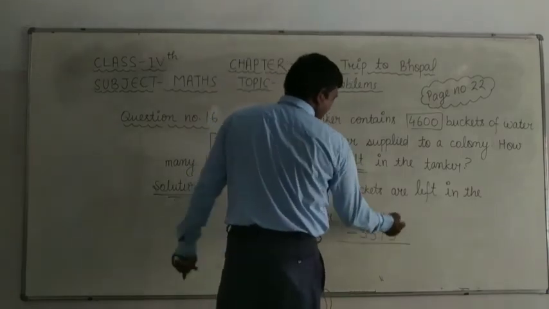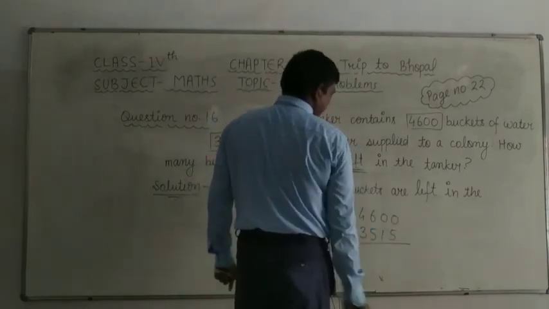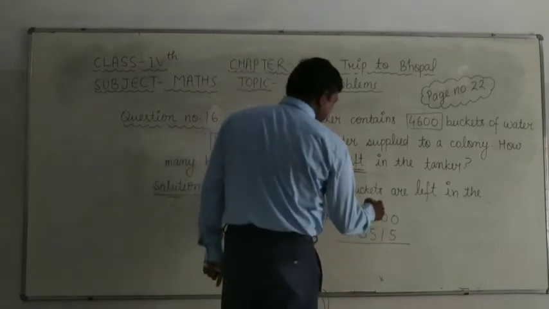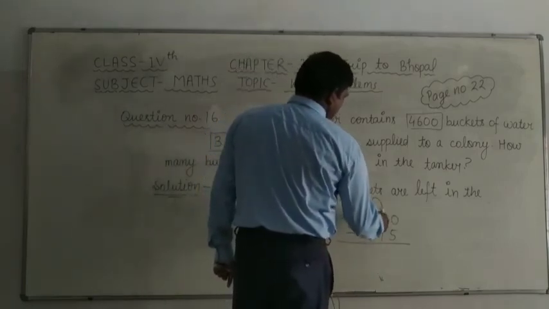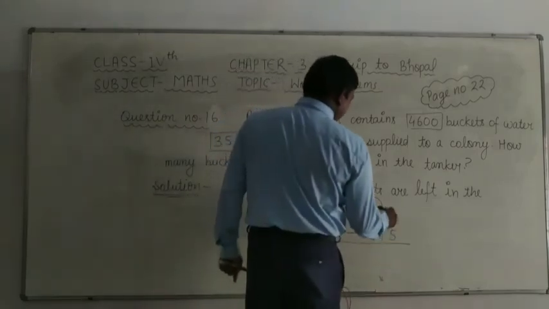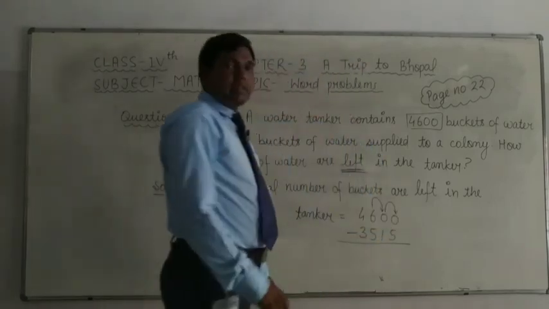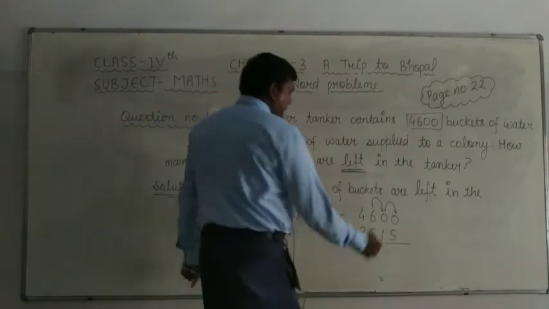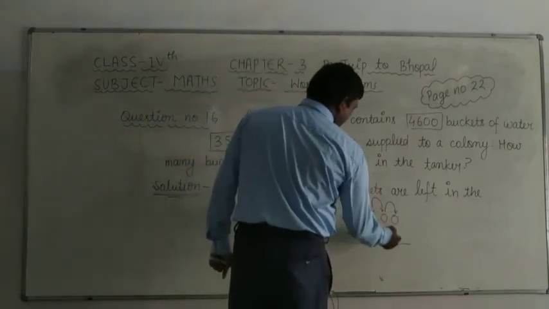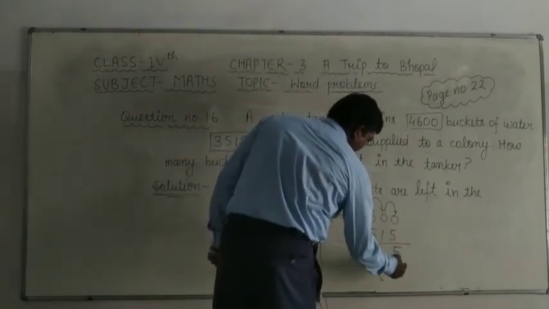Okay, look, here we have 0 and here 0. Therefore, we take 1 from this 6 and this 0 makes 10. Again we take 1 from this 10 and this 0 makes 10. Then 10 minus 5 is 5.